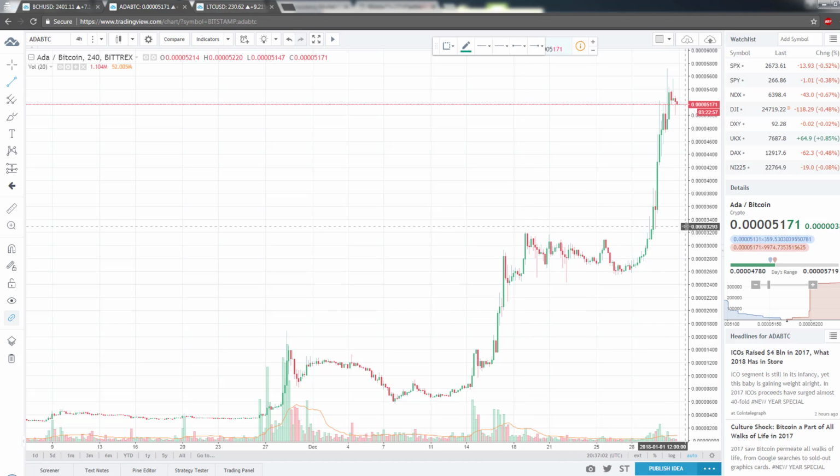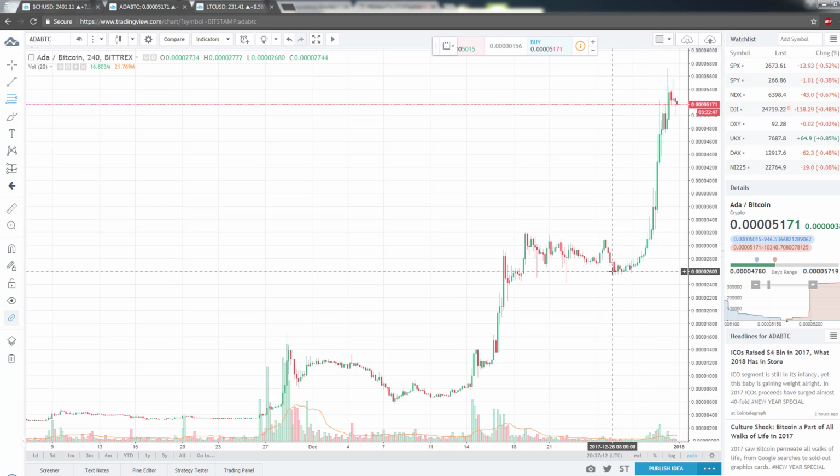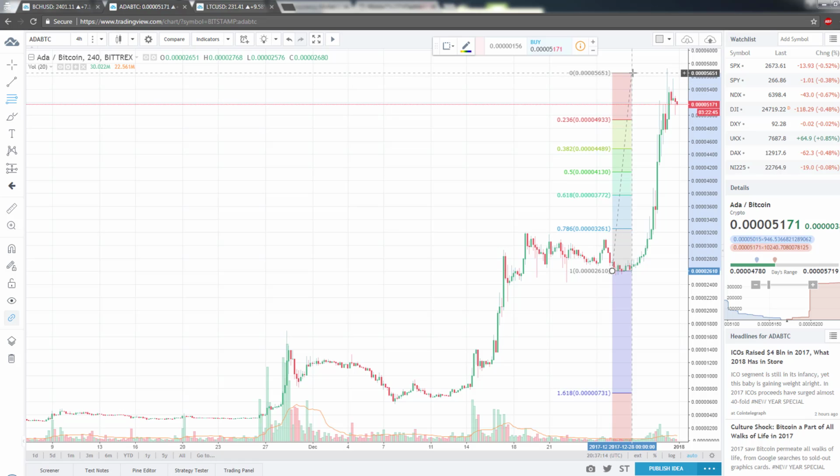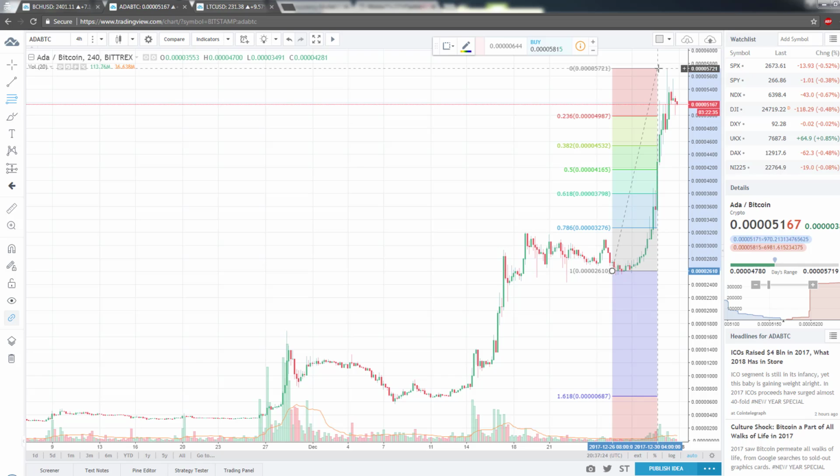It doesn't really matter. And as usual, on charts like these, you want to use the Fibonacci to help figure out where exactly the price will go. When I'm using Fibonacci, I may draw it to the body of the candle or to the wick. In most cases, people are drawing it to the wick. So you just have to do what they are doing in order for this to make sense.